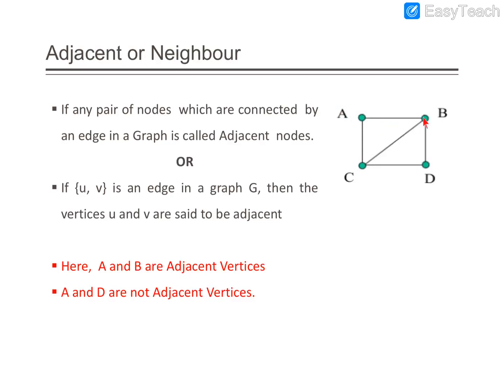Therefore, these vertices A and B are said to be adjacent vertices. But here the vertex A and the vertex D are not connected by a direct edge. Therefore, vertices A and D are said to be not adjacent vertices.